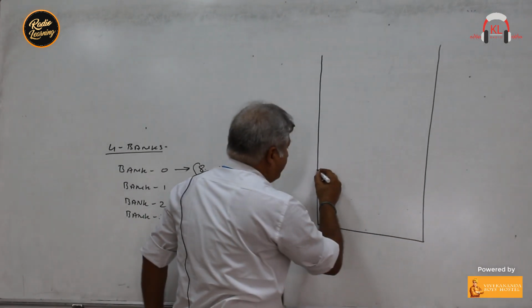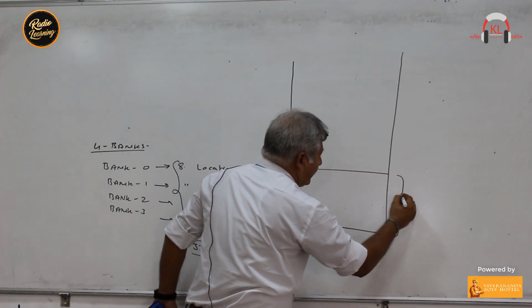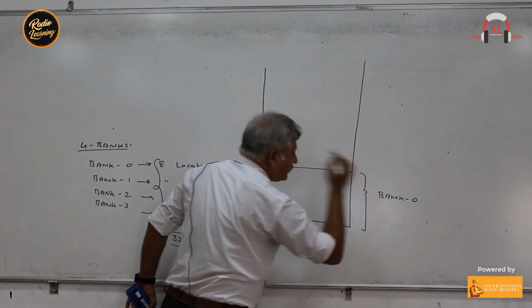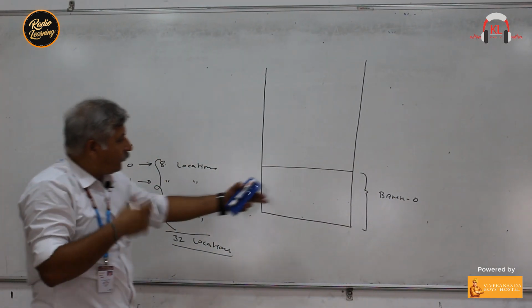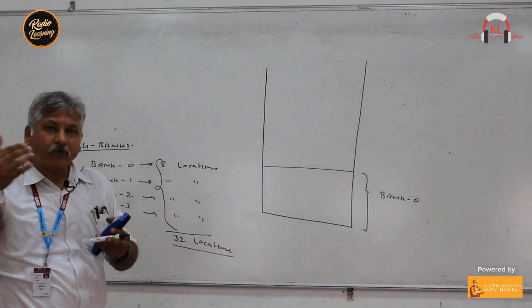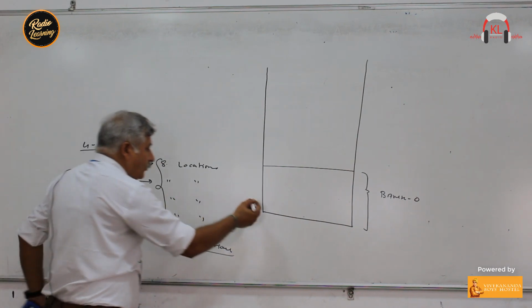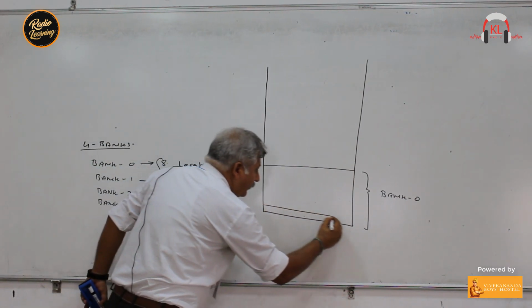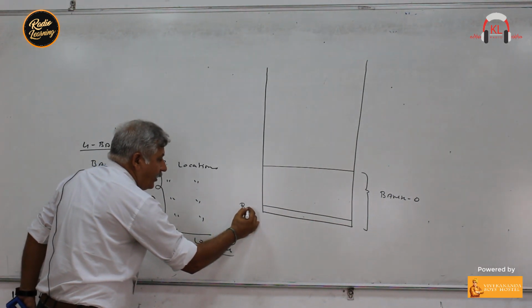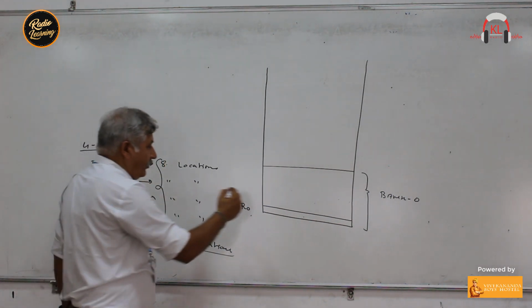Suppose here there are 8 locations of bank 0. 8 locations means 8 registers. As I told you, a register is the place where we store our data. This storing place we name R0, register 0.